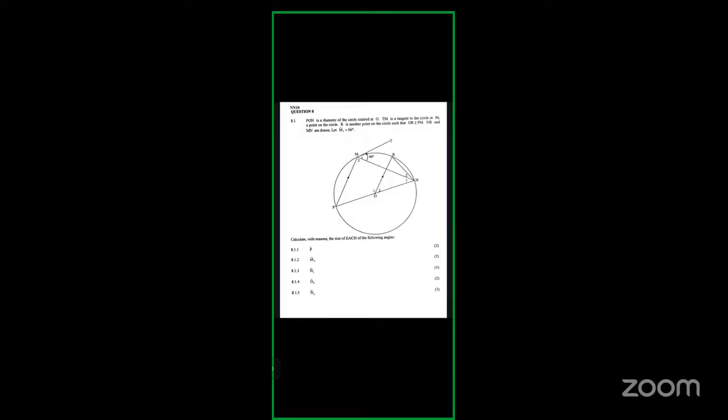R is another point on the circle, such that OR, we can see OR right there, is parallel to PM. NR and MN are drawn. Then let angle M1 be 66 degrees.